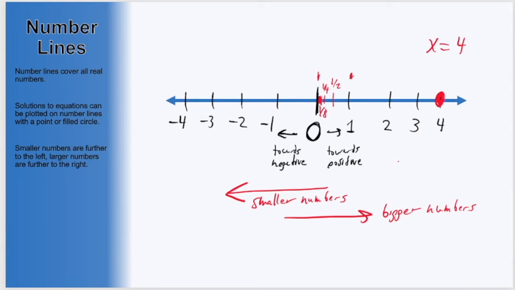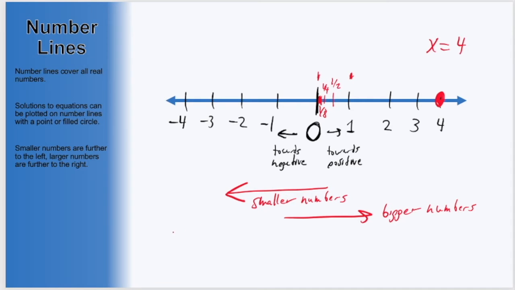If we wanted to see which is the bigger number between 3 and 1, obviously we know that 3 is bigger than 1, but we can also see that here as it is located more towards the right on our number line. Where this really helps us visualize things is with the negative numbers.